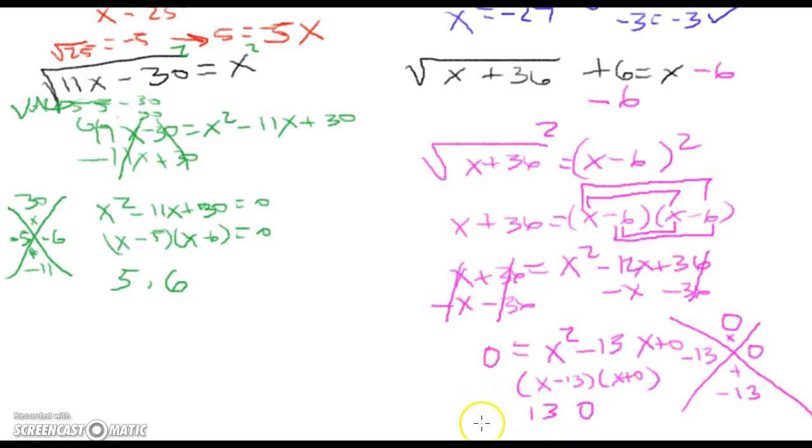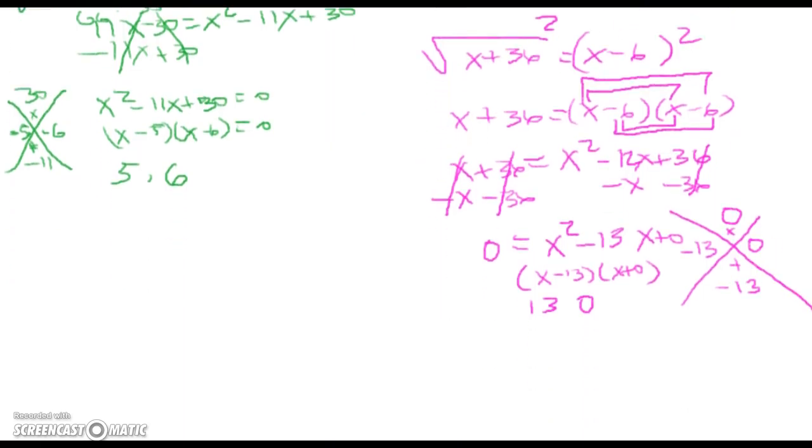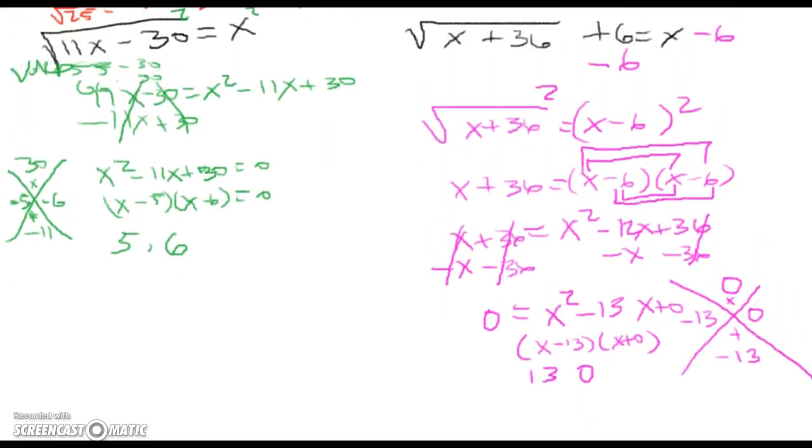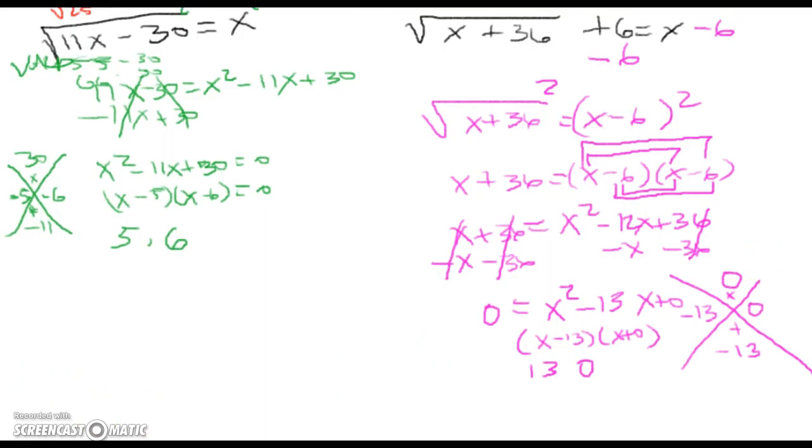If I plug 13 in, I'll go ahead and make a little more room for work. So there's the original problem right there. And I'll just come right over here and keep working.